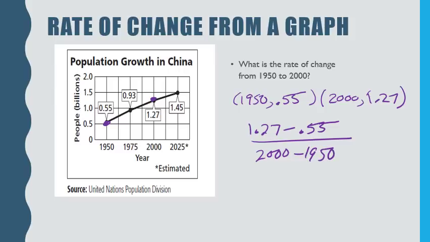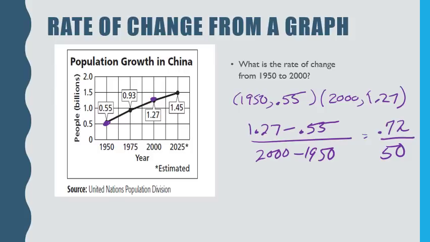So 1.27 minus 0.55 is 0.72 over 50. And we don't like decimals, so we're going to just divide that out because we like it per.